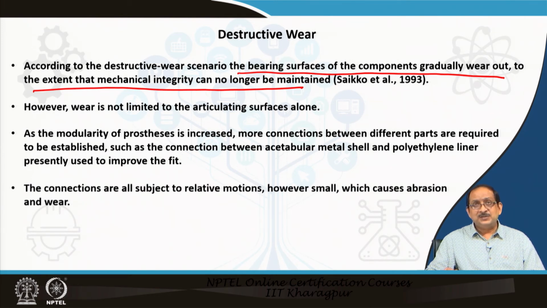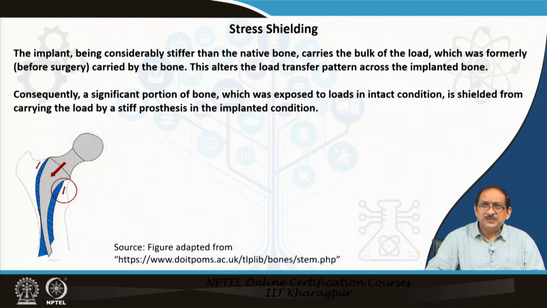The connections are all subject to relative motions, however small it may be, but it can actually cause abrasion and wear. Now, let us discuss about stress shielding and bone remodeling.